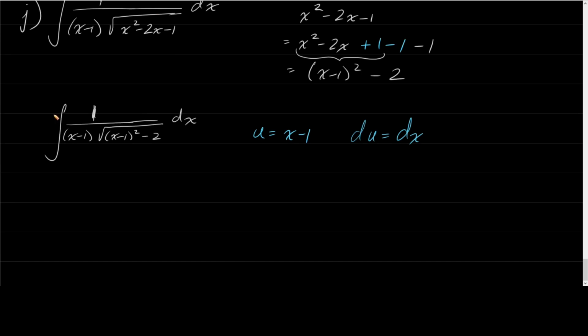And at that point, we have the integral of 1 over this x minus 1, which was our u, and I'm going to write that 2 as radical 2 squared. And this dx is just du. And that is in the format of arcsecant.